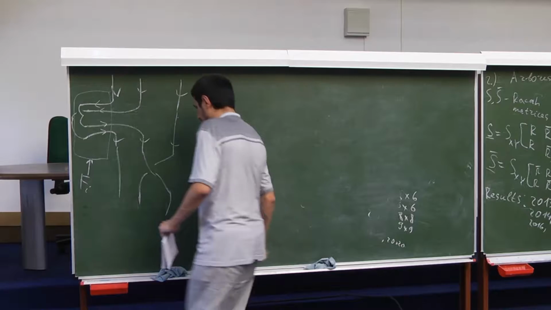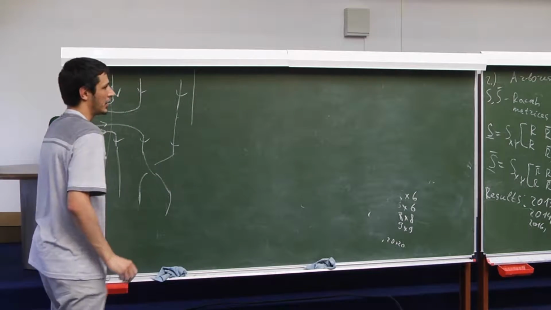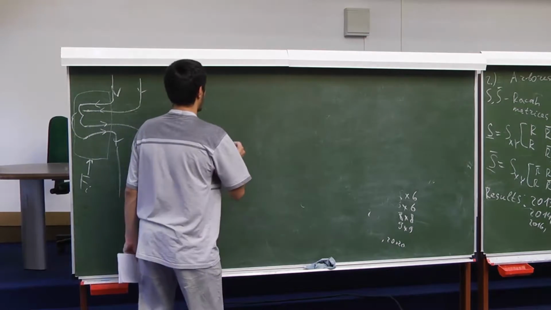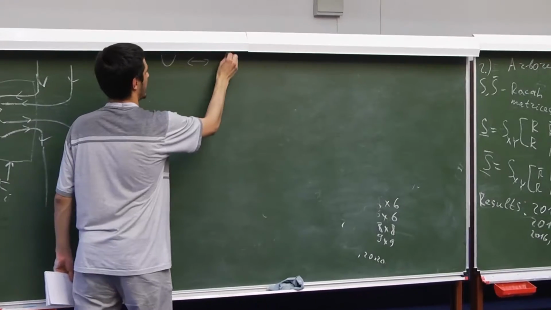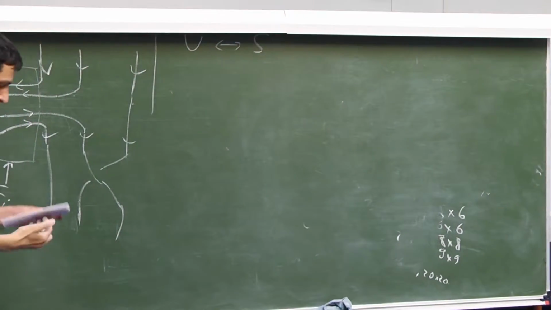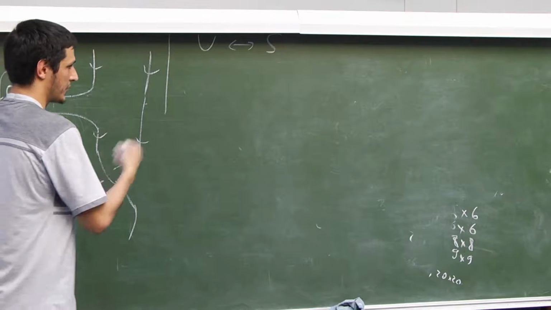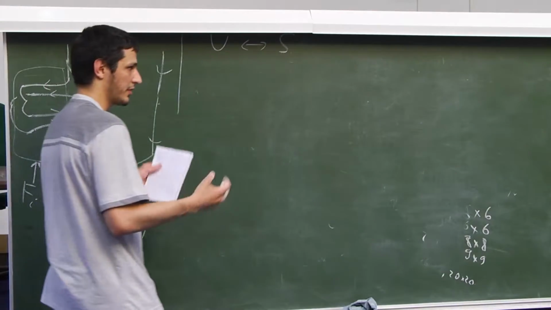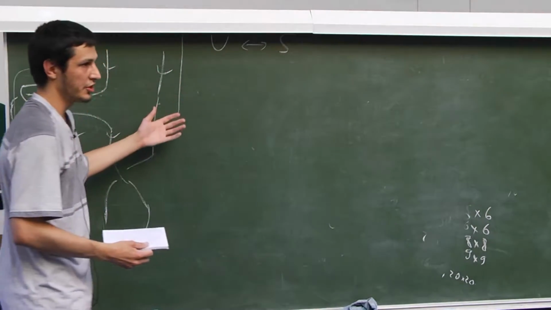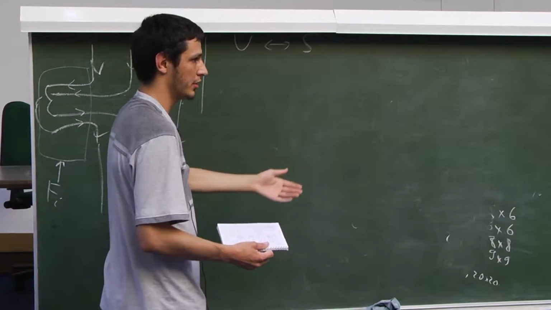Well, and the last result which I want to mention is some kind of relation between U matrix and S matrix. It turns out that there is one class of nodes which is simultaneously a three-strand node and an arborescent node.